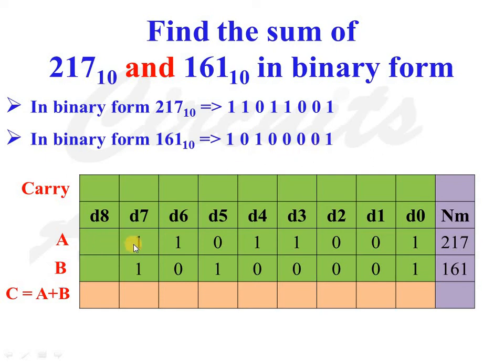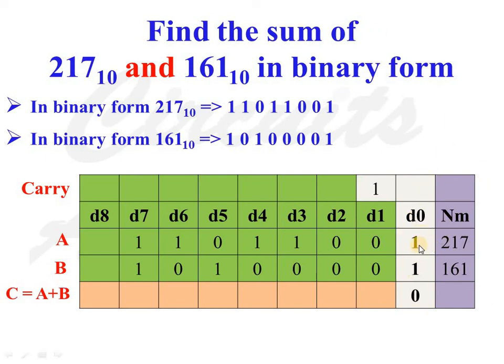So the numbers are A is equal to 11011001, decimal number 217, and the decimal number 161 is equal to 10100001. Now let us add these two numbers.